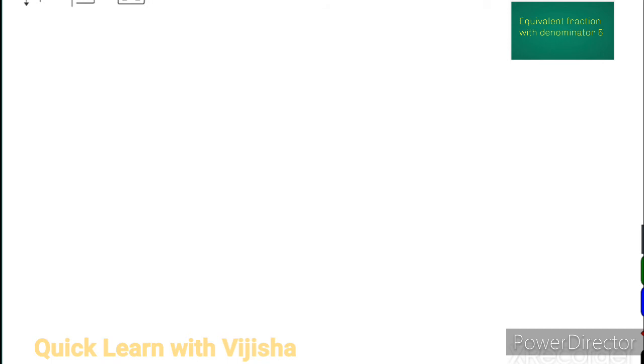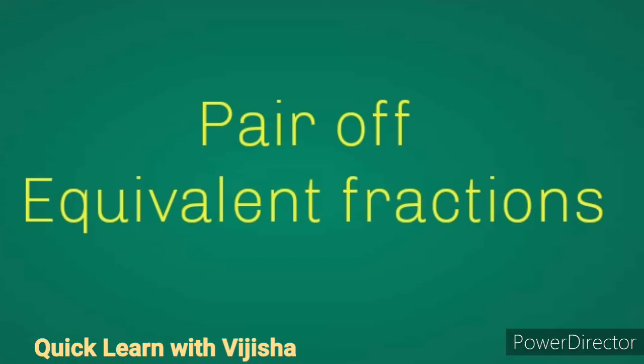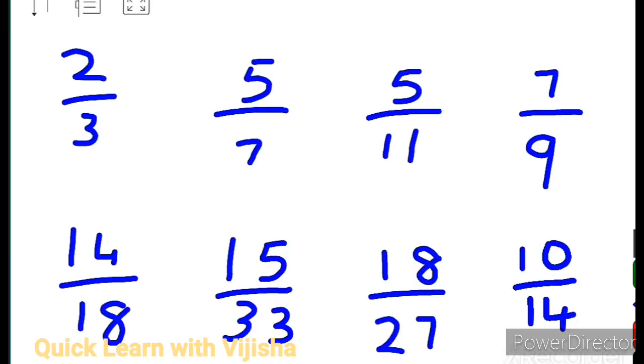Now we will see the fourth part. Question is given as pair of the equivalent fractions. Pair means you have to put the numbers together. You have to see which numbers come together. Fractions are given in the question. Now we will pair up, which means we will make a combination of two numbers. So for 2 upon 3, we will check 3.